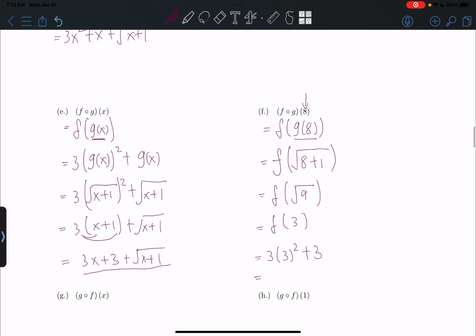The answer here is 3 times 3 times 3, that's 27, plus 3, the answer is 30. Okay, so there's just two ways of plugging in numbers into composition functions, depending on whether you know the explicit formula for the composition or when you don't. Either way is fine.